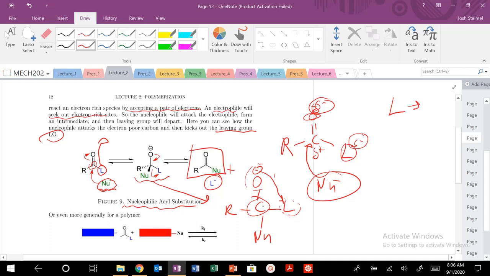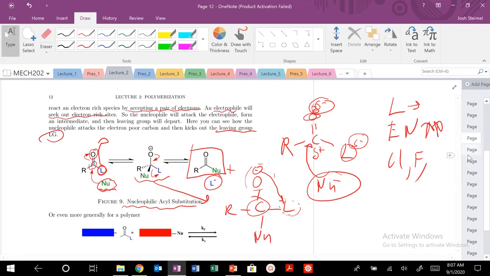So we need this carbon to be as electron-poor as possible. We know O has to be there, but what do we want for our leaving group to make this carbon even more electron-poor? We want it to be very, very electronegative: chlorines, fluorines, all those elements in your periodic table with really high electronegativities.